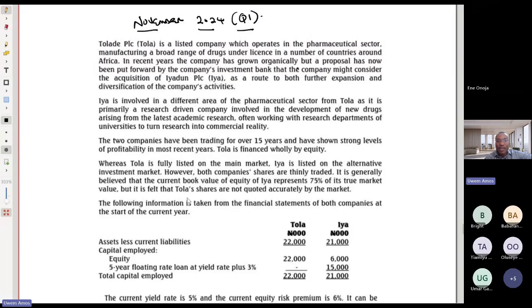It is generally believed that the market value of equity of Iya represents 75% of its true market value. But it is felt that Tola shares are not quoted accurately by the market. The following information is taken from the financial statements of both companies at the start of the year. So this is what you have at the start of the year.